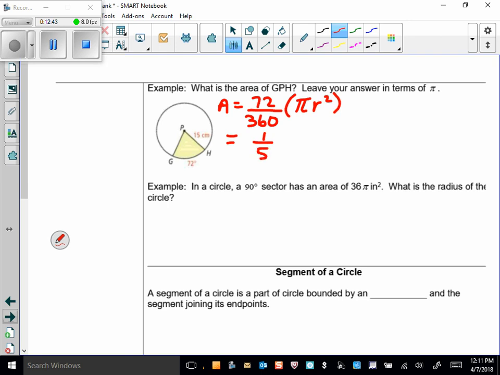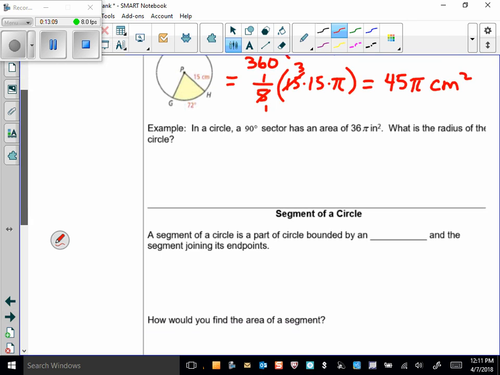I believe it's 1/5. And 15 squared, you know what I'm going to do is I'm going to put 15 times 15 times pi. You know why? Because that's easier for me to simplify. So that'll give me a 3. So I end up with 45 pi centimeters squared. That's the area of the shaded sector there.